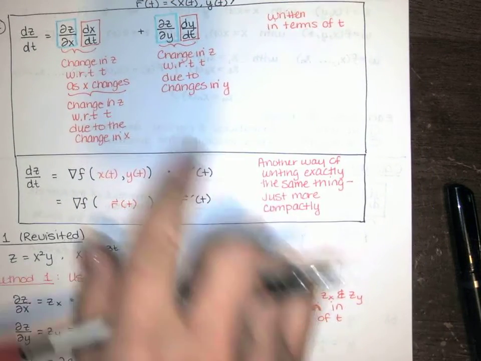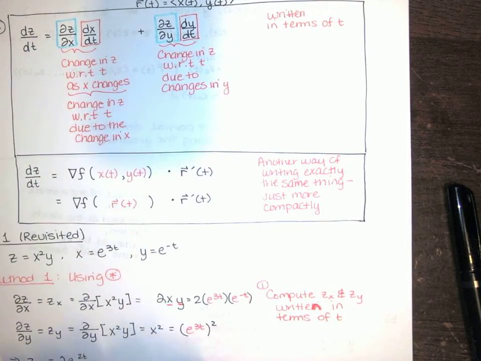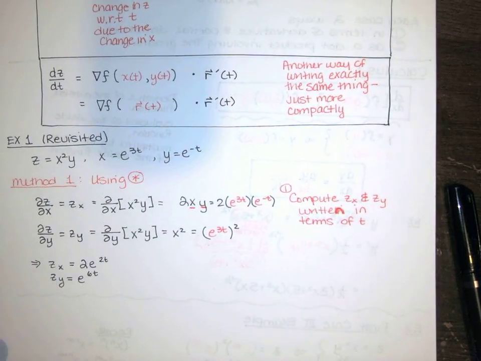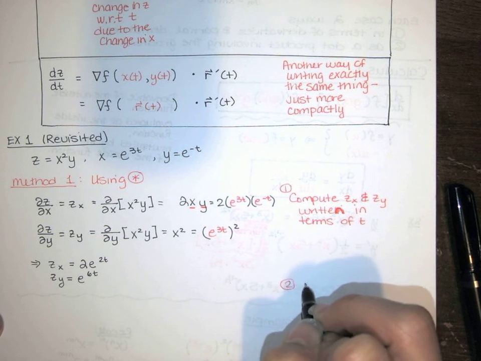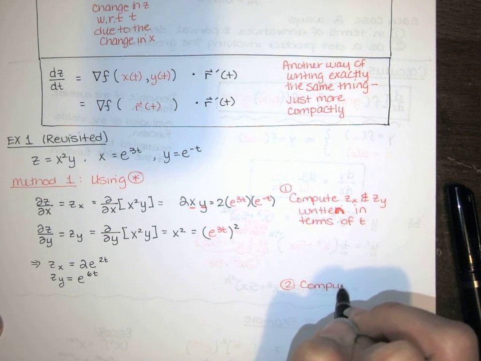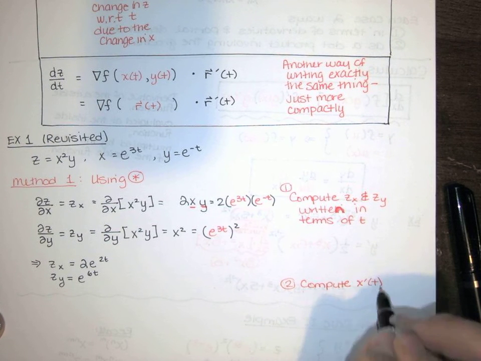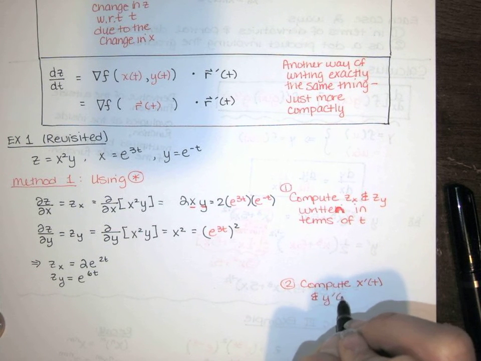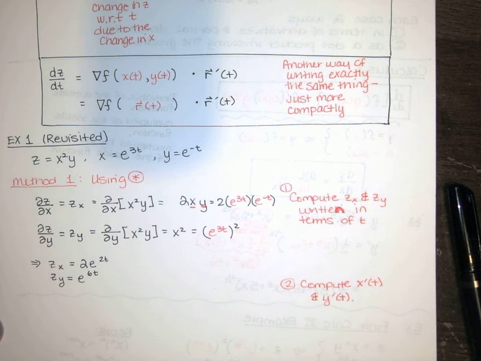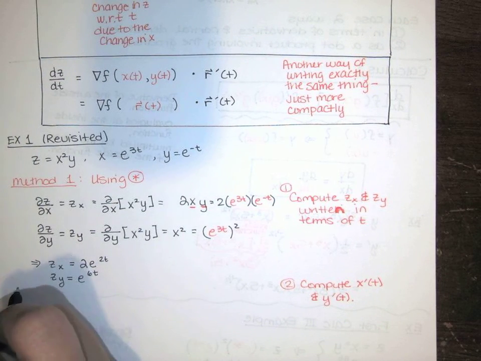Second step is to find the derivative of x with respect to t and the derivative of y with respect to t. And I'm going to use prime notation here. Now, there are all these different notations for derivatives. We have to be comfortable with all of them.